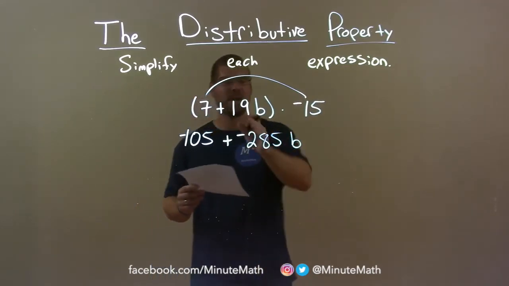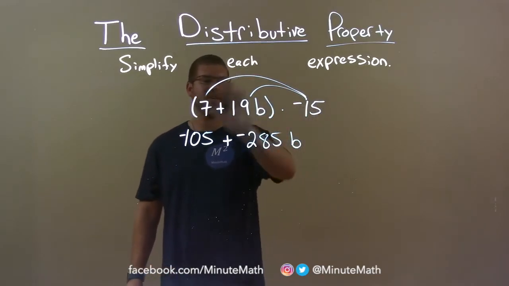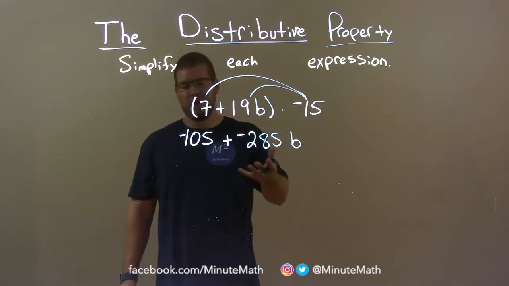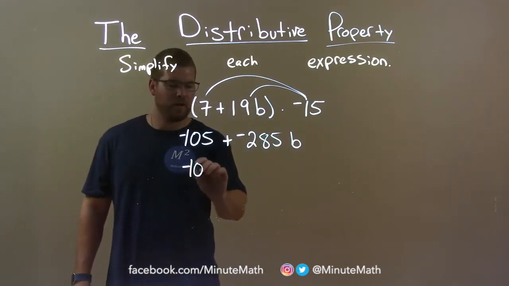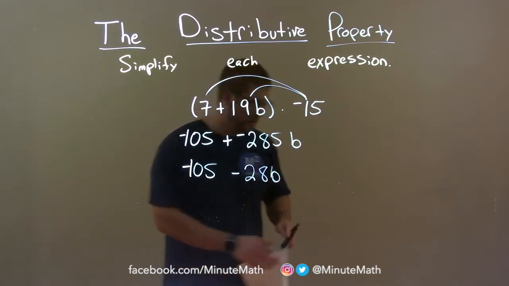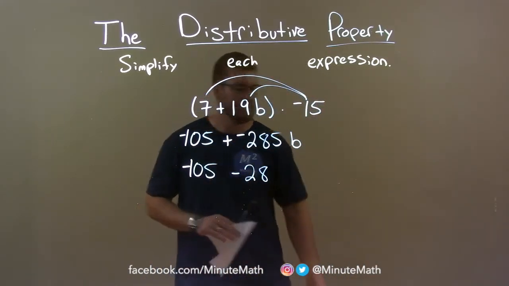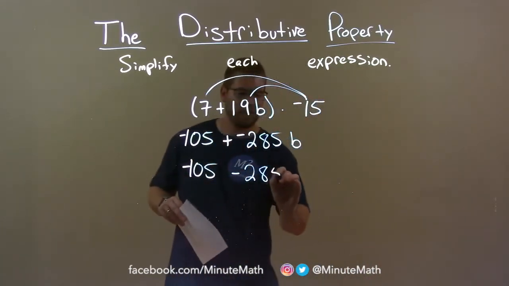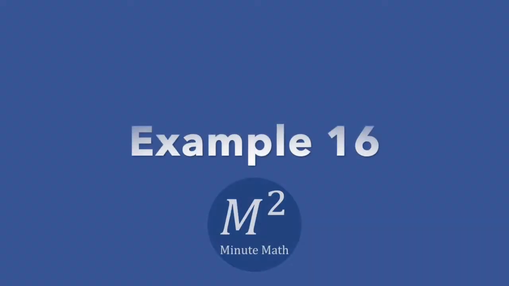There's a b there, so it's negative 285b, okay? So we distributed negative 15 to both parts now. Now, we're almost there. Adding a negative is the same thing as subtraction, so we have negative 105 minus 285b, oops, not 28b, but 285b. Be careful there, Sean. 285b, and now that is my final answer.